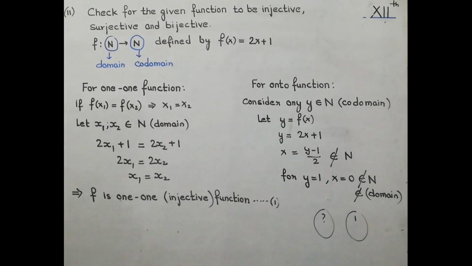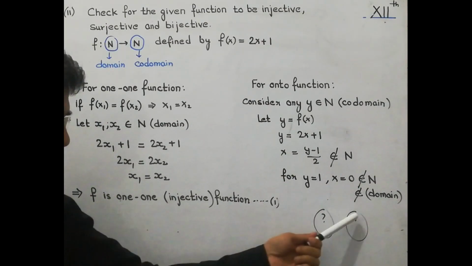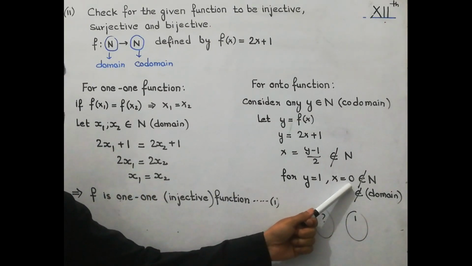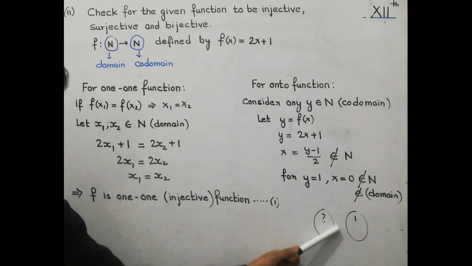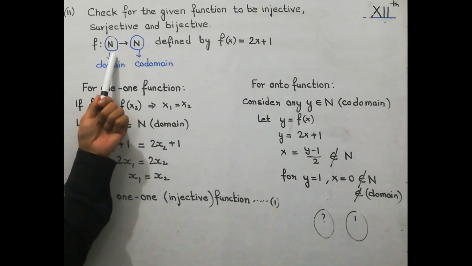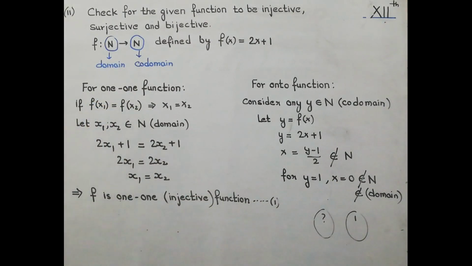So here for y is equal to 1, there will be no pre-image. Y cannot be related to any of the elements this side because y is equal to 1 can be related with 0. But here we won't find any 0 because the domain is the set of natural numbers, so no natural number is over here. So that means you cannot relate 1, that is the image, with any of the pre-image.